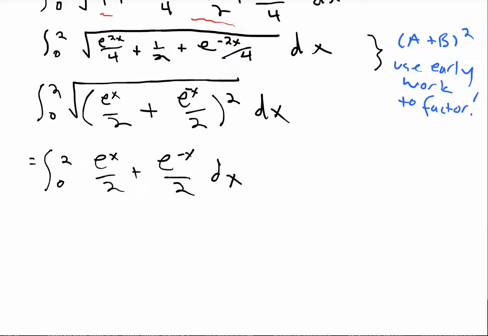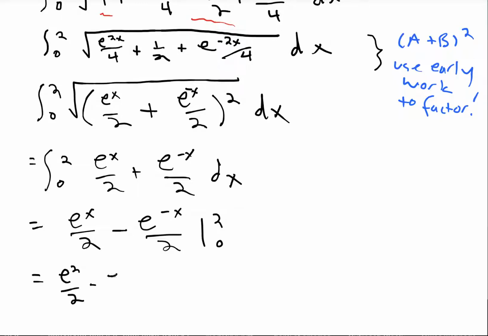At this point, I can use some of my basic rules to antiderive. I'll get e to the x over 2 minus e to the minus x over 2 if I treat this as a kx problem. Now I can evaluate. I get e squared over 2 minus e to the negative 2 over 2. Now we subtract off what happens when I plug in 0.